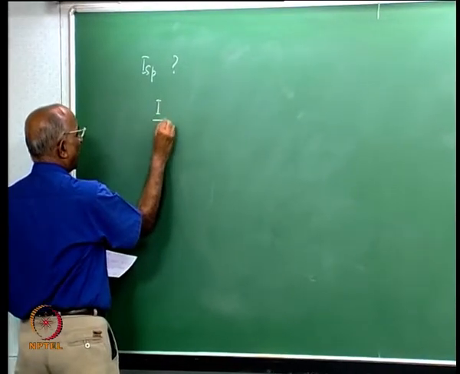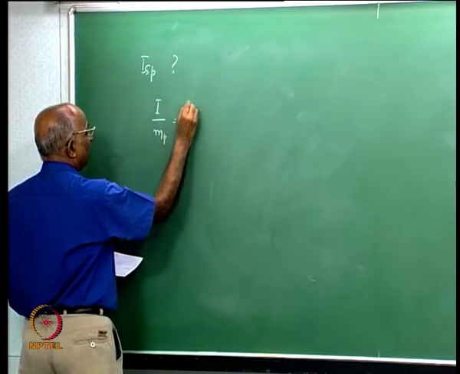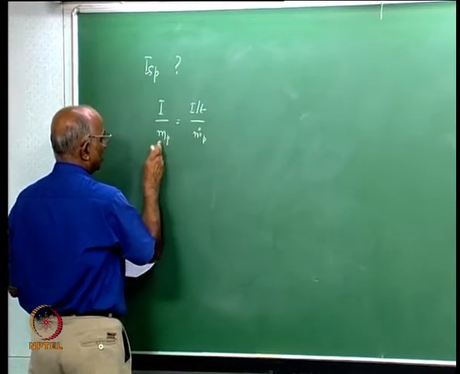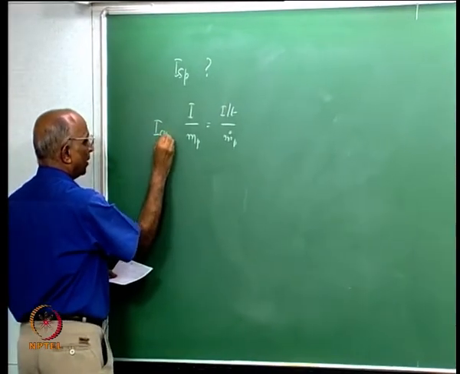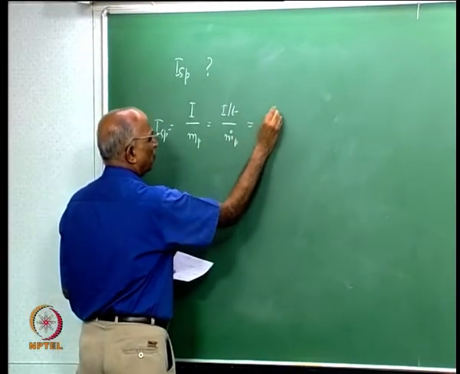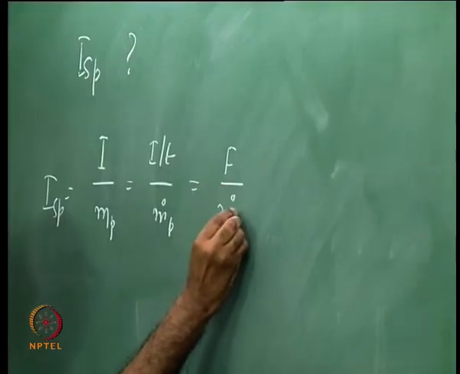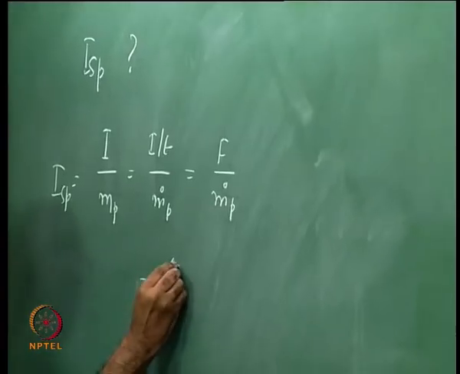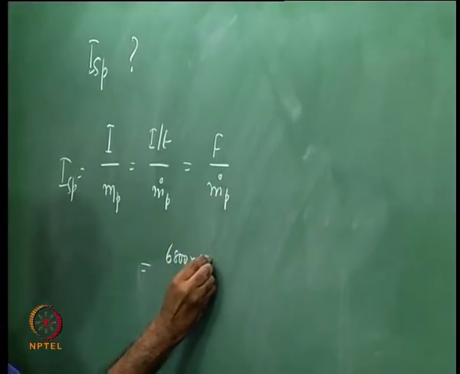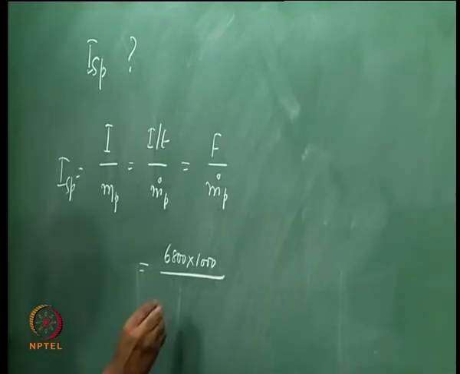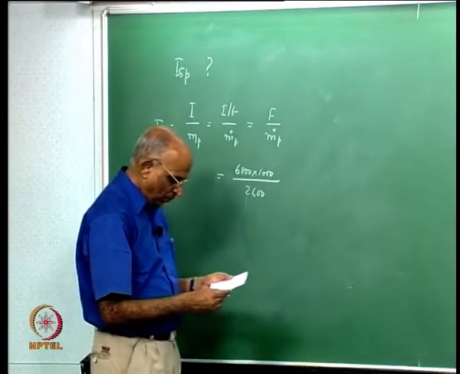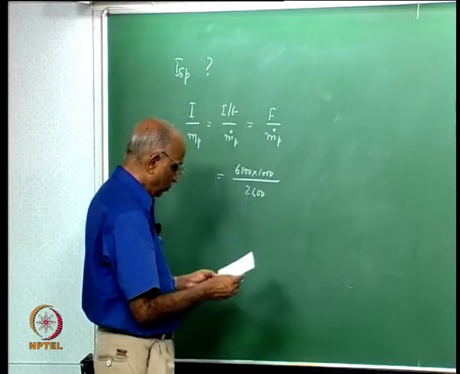Specific impulse Isp is equal to I over m_p, which is equal to F divided by m dot p, which is 6800 into 1000 Newton divided by 2600, and the value of specific impulse will come out to be 2610 approximately, about 2710 as computed.